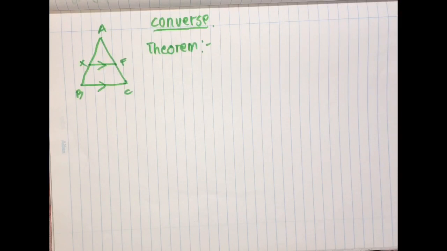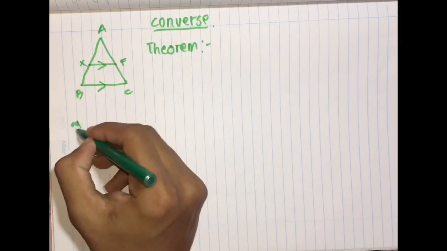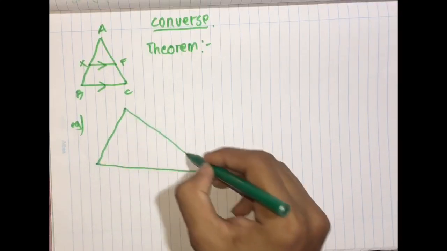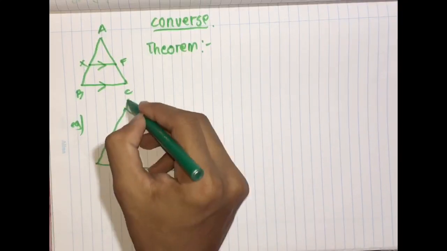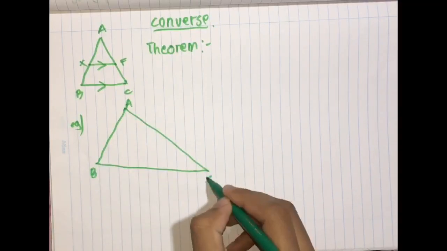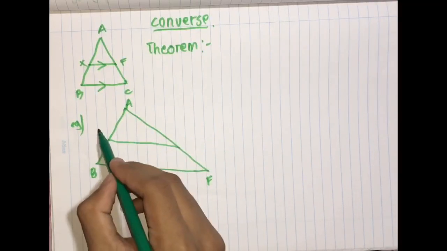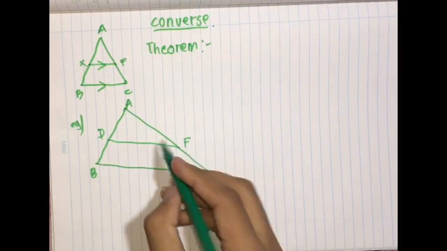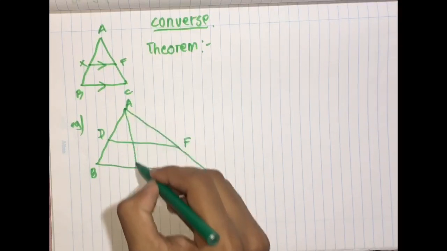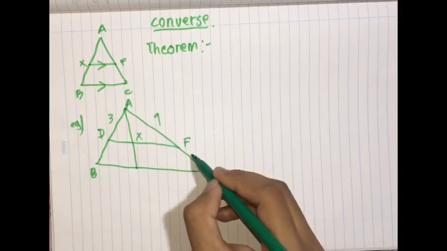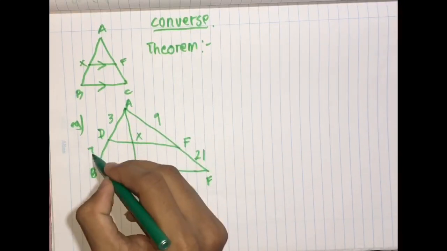It's not hard. Take this as an example. ABF, say you have DF, and here this is X, here 3 centimeters, this is 9, this is 21, 7.